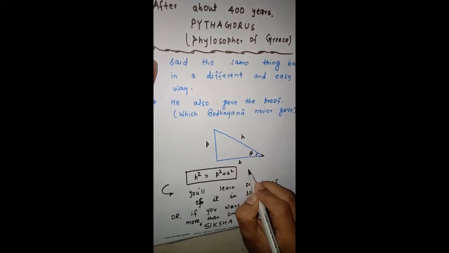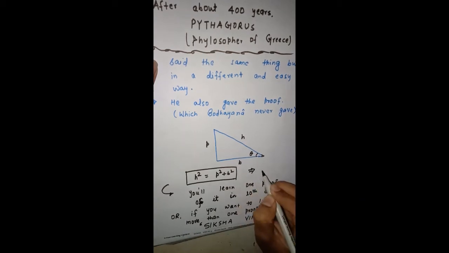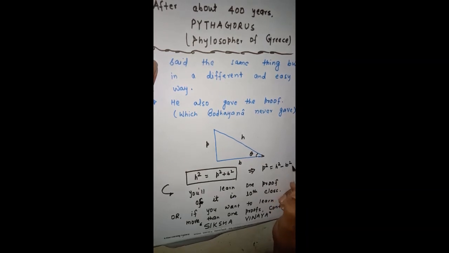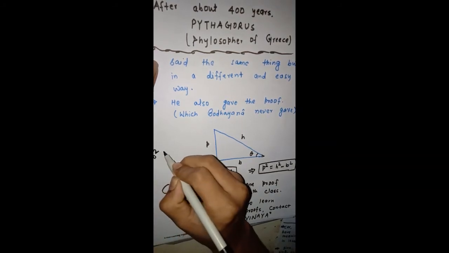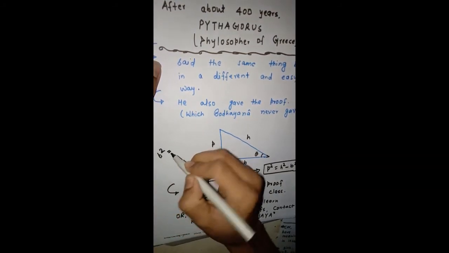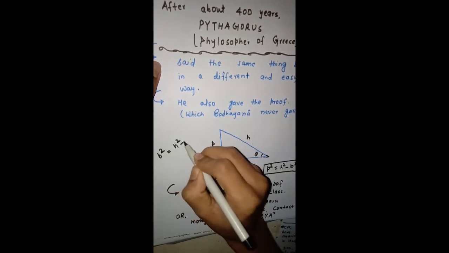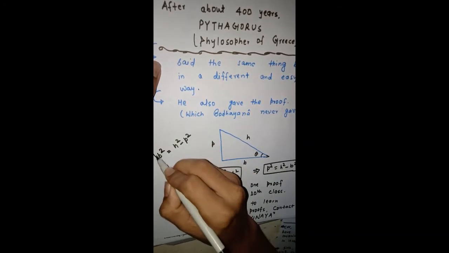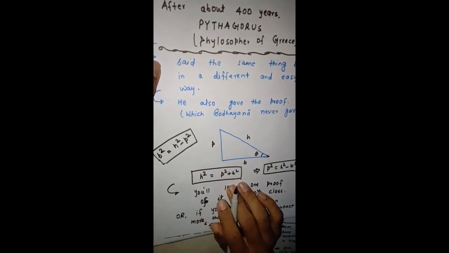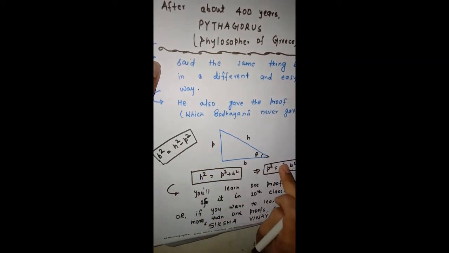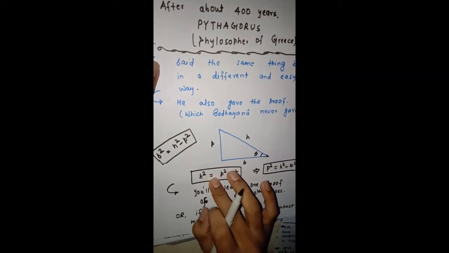Or you can say P square is equal to H square minus B square. Similarly, you can also say B square is equal to H square minus P square. Yes or not? These two relationships are actually derived from this relationship.